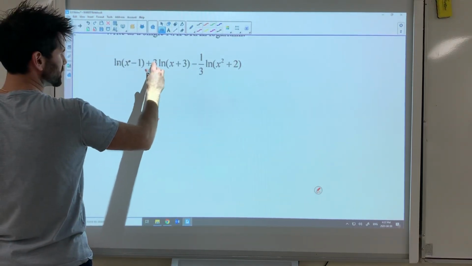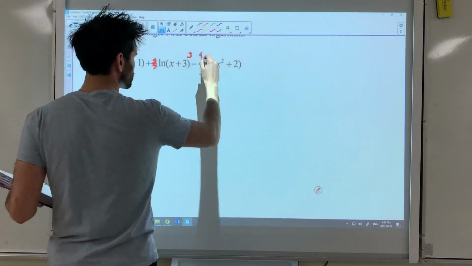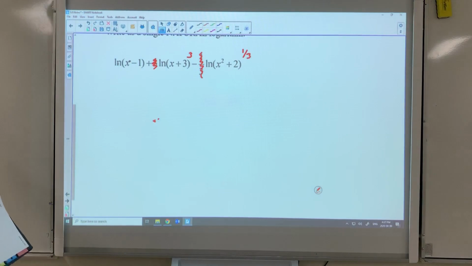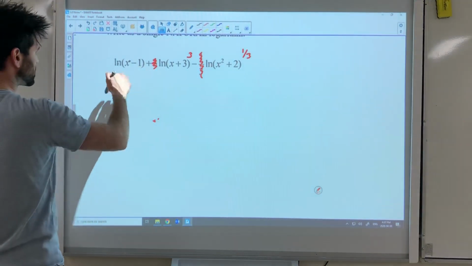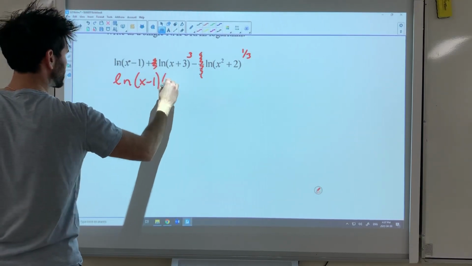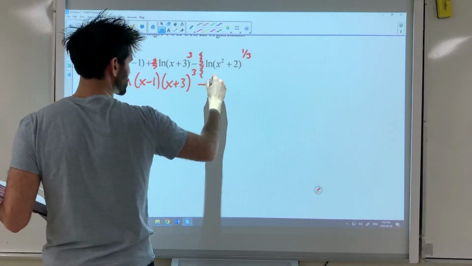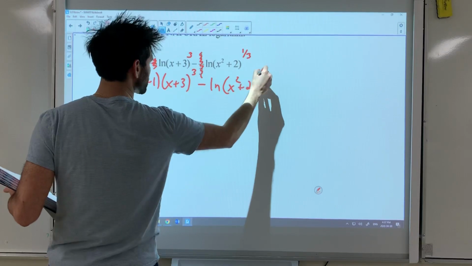So let's see, we can use power law. I'm going to bring that up there, and this 1/3, I'm going to bring it up here. That would be my first step. The next step is to use product law, quotient law, all that stuff. Addition means that I can rewrite them as long as I write them multiplying together. So there's that one, and then I write subtract ln of x squared plus 2 to the 1/3.